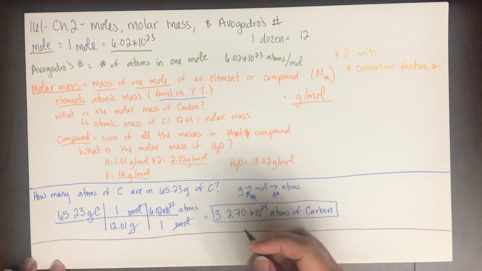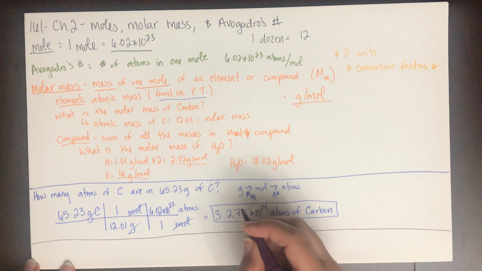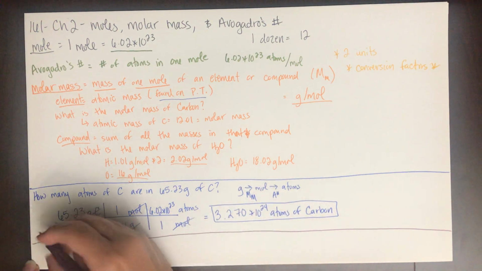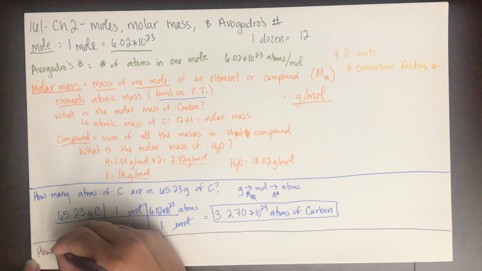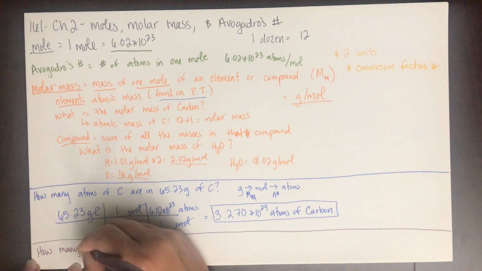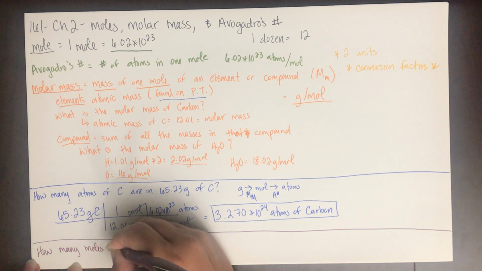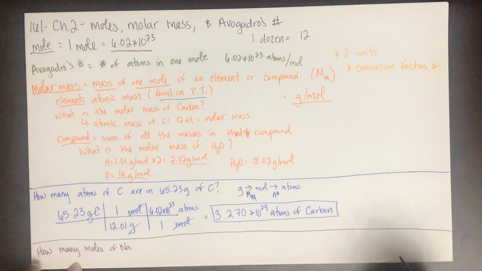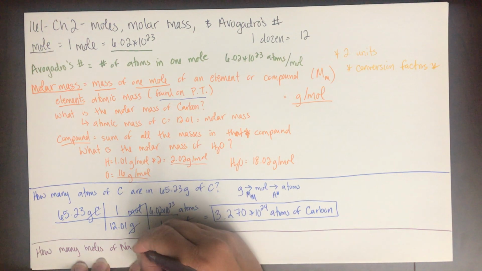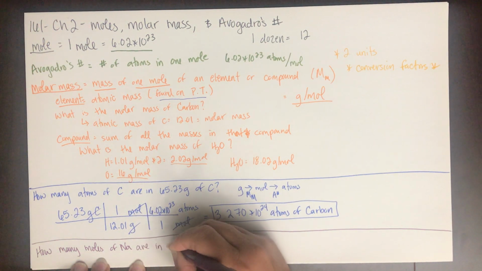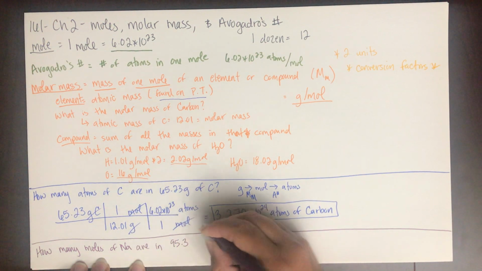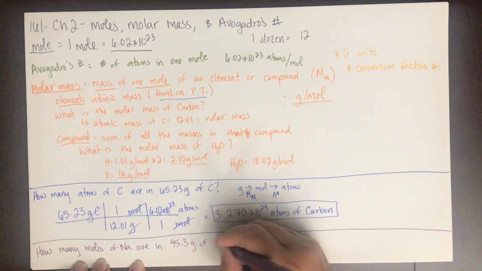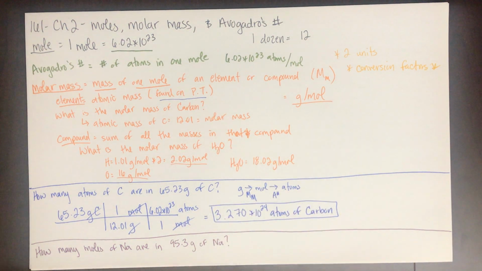So let's say, how many moles of sodium are in 95.3 grams of sodium? Sodium is Na. So I'm going from grams of sodium to moles of sodium.